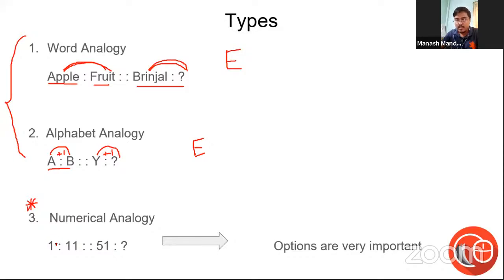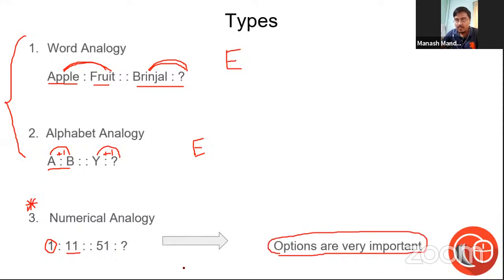Okay, so what is numerical analogy? Now there will be certain numbers given to us. For example, 1, 11. If 1 is 11, then what is 51? Also please look at this, that I've mentioned here, that the options are very important.